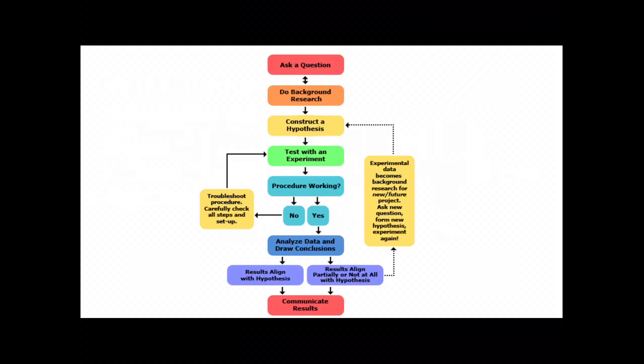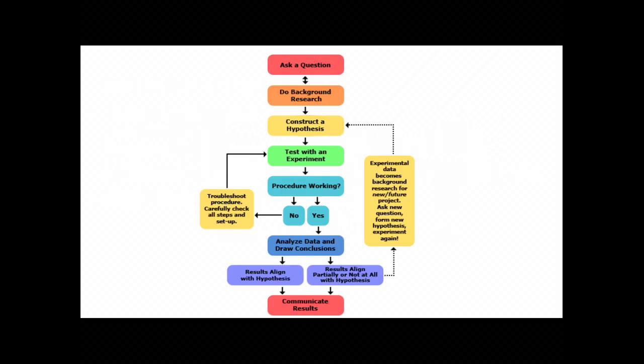And then based on that, then also you will communicate your results, but based on the results that you get, then that informs future research. So it informs your next hypothesis. So you'll always end with a where do we go from here based on this information. Okay, so asking a question, constructing a hypothesis.